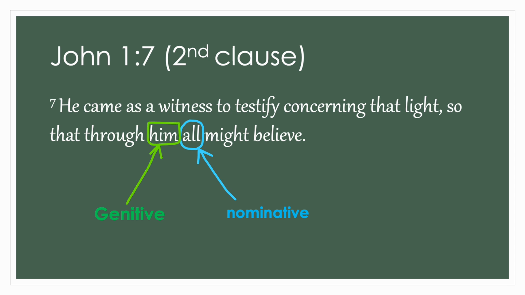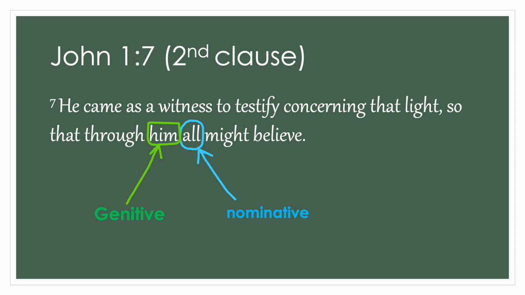We know who it is, so we're not repeating his name, we're just using the pronoun "him," and he possesses the testimony. Then you've got a new nominative, "all." And that's because there's another verb, the verb to believe. So something is happening in order that all might believe.